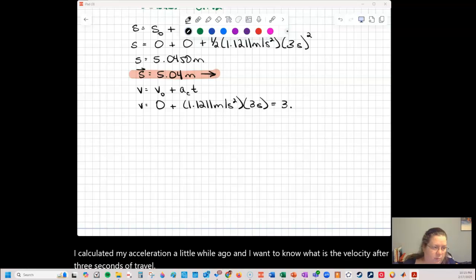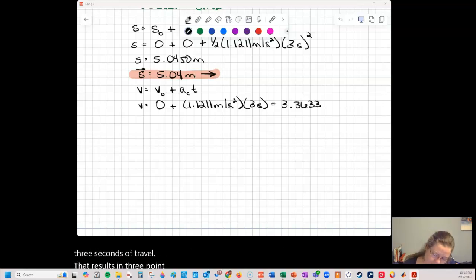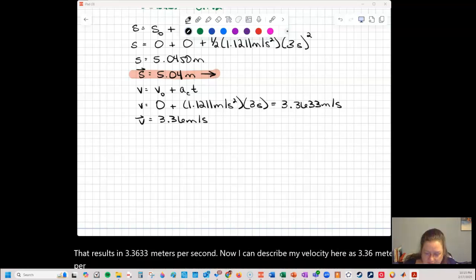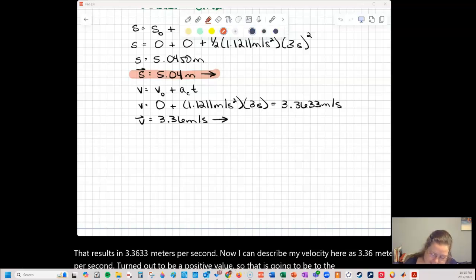That results in 3.3633 meters per second. So now I can describe my velocity here as 3.36 meters per second. Turned out to be a positive value, so that is going to be to the right. And there you have it.